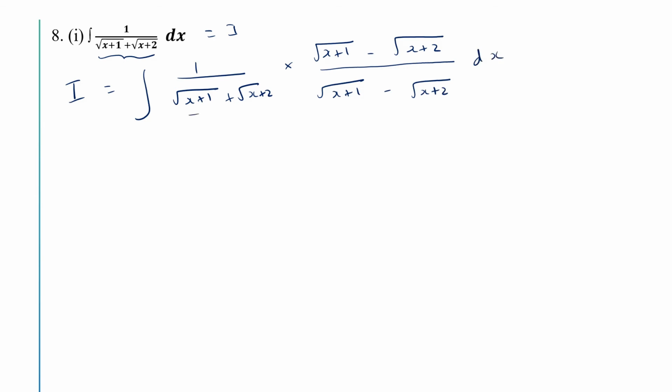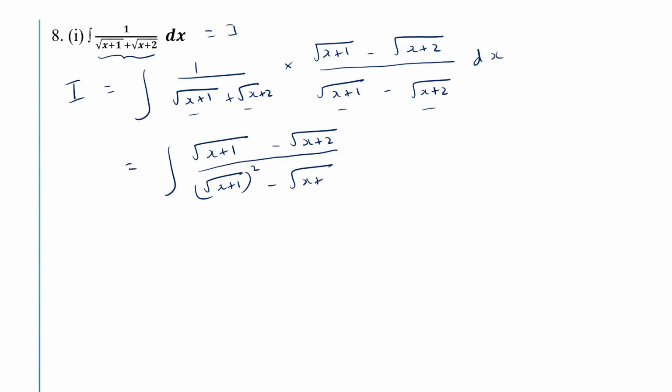This is of the form (a plus b) into (a minus b), so it is a square minus b square, where a is root of x plus 1 and b is root of x plus 2. So this is equal to (root of x plus 1 minus root of x plus 2) divided by (root of x plus 1) the whole square minus (root of x plus 2) the whole square, dx. Here this will be x plus 1 minus x minus 2, so it will be minus 1.